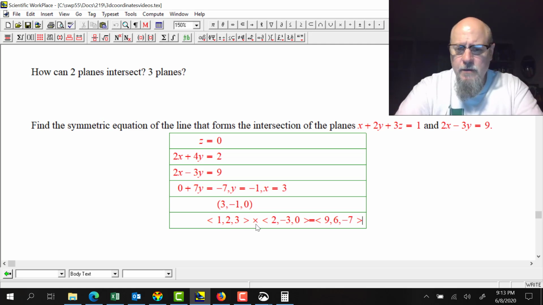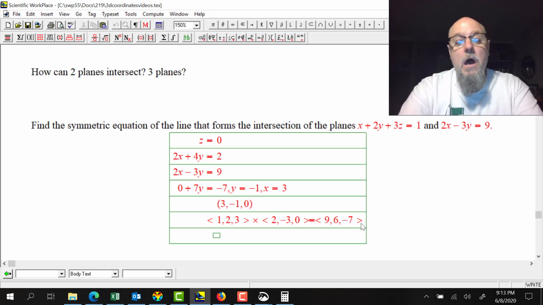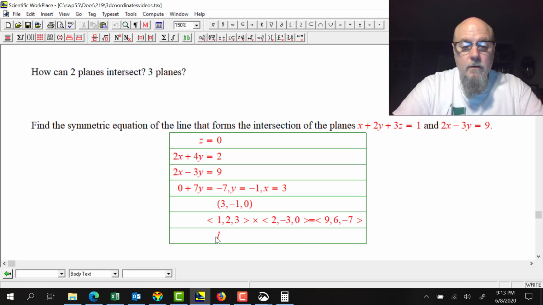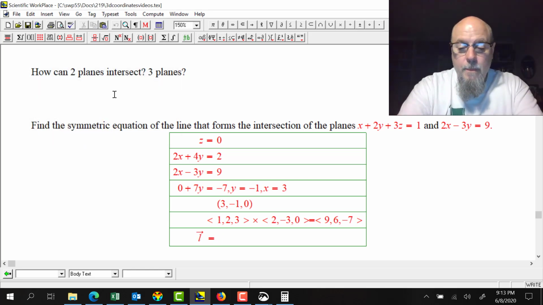And if I check, that's perpendicular to both of those normal vectors. So 9, 6, minus 7 is the direction vector of the line. All right, we're done. So the line L is equal to the point that it goes through as a vector plus k times that direction vector.